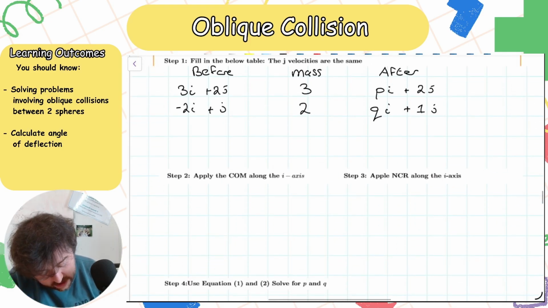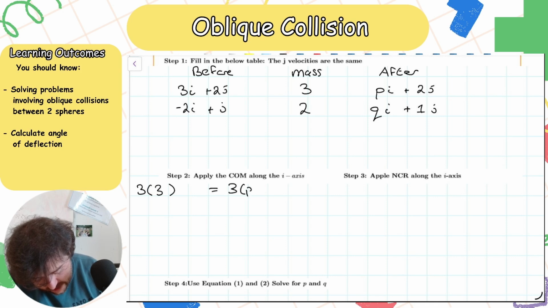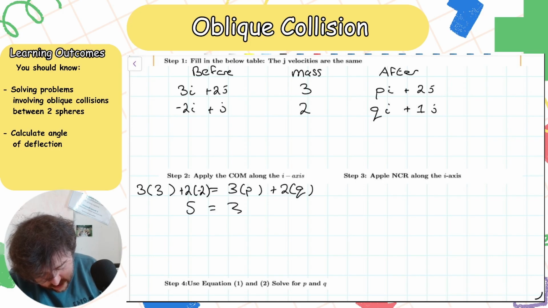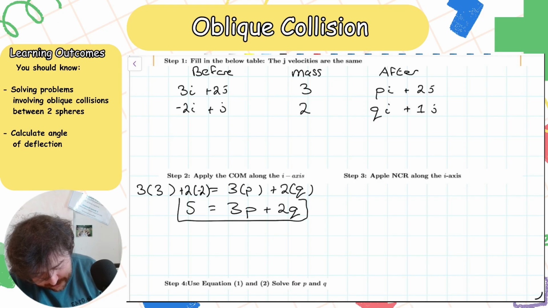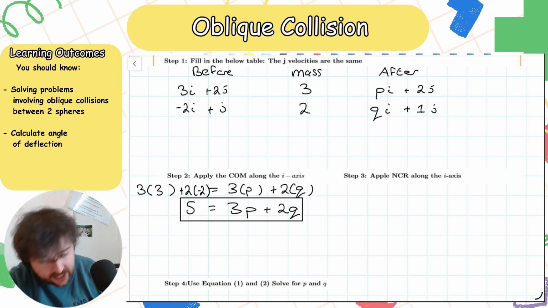Next, we apply the conservation of momentum along the I-axis. So 3 times 3 equals 3 times p plus 2 times minus 2 plus 2 times q. I'm left with 9 minus 4, which is 5. So 5 is equal to 3p plus 2q. That's my first equation.